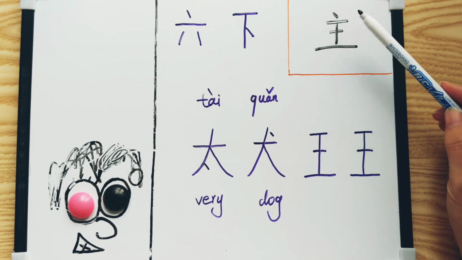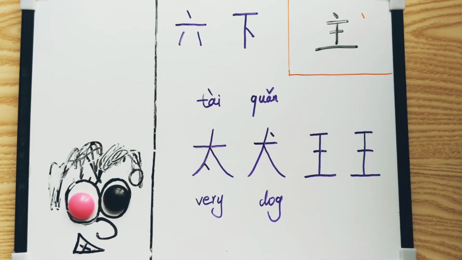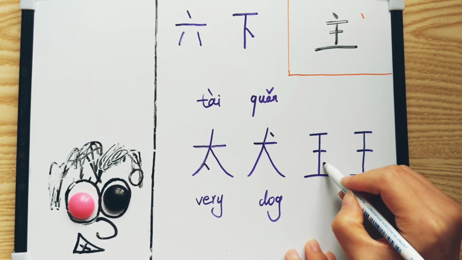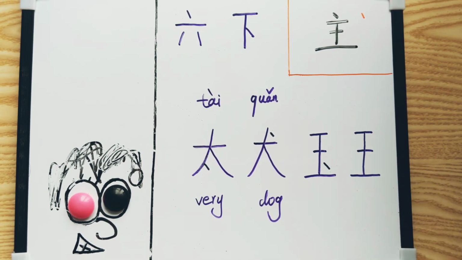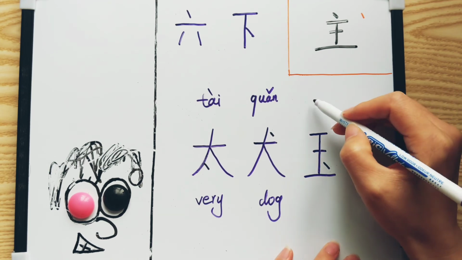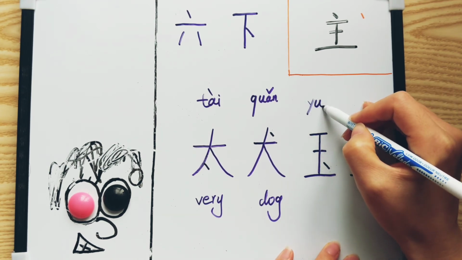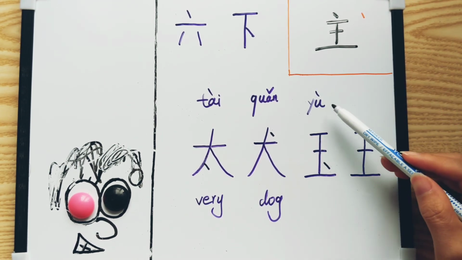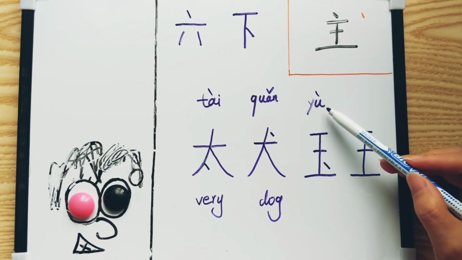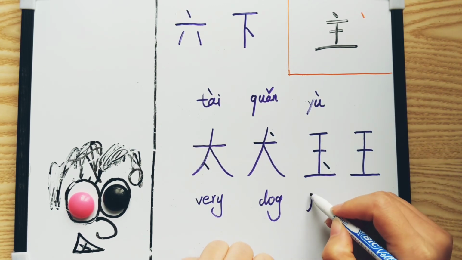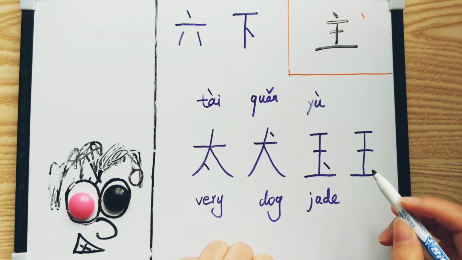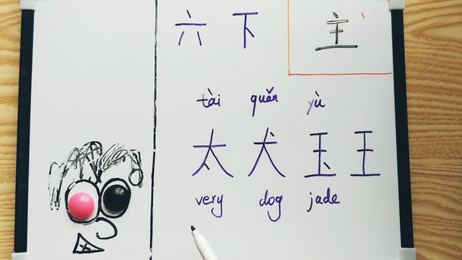So I'm gonna put the stroke 点 right here, and that's a different character. Yu, that means jade.